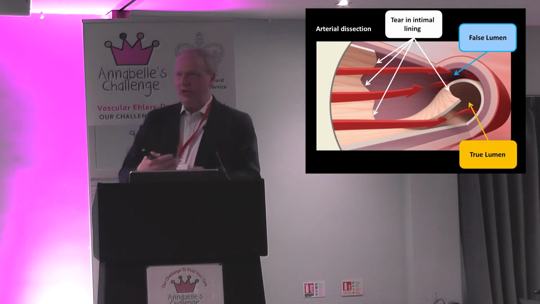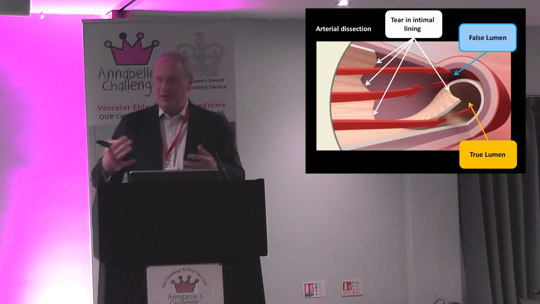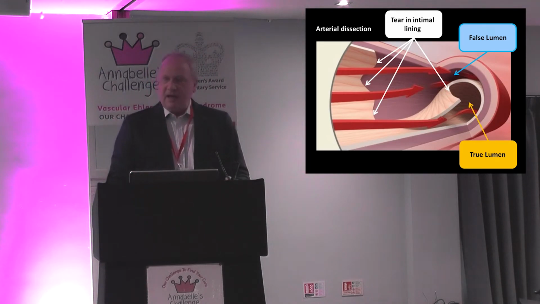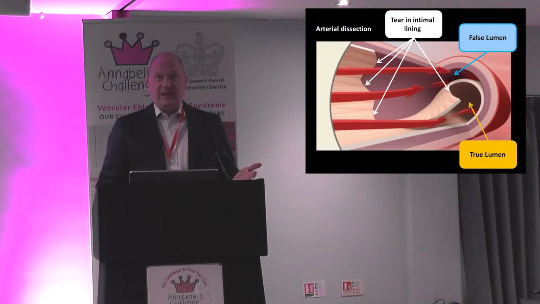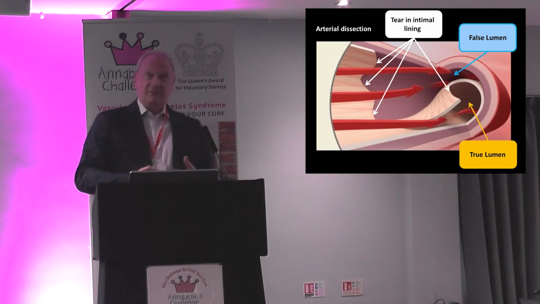Bear in mind, you may be talking about a few millimetres here. This is not a great big structure necessarily. And it allows the blood to go backwards down the arterial wall. So we have the true lumen where the blood should go, and then the false lumen where the blood is actually going. And in many cases the false lumen becomes the dominant lumen. It's bigger than the true lumen.